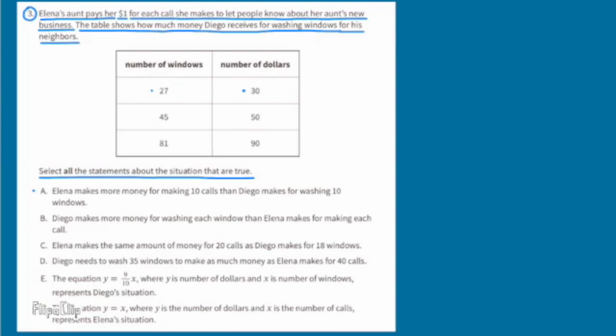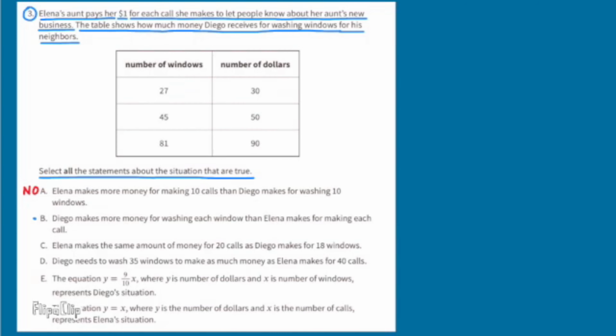So let's look at the top row of this table. 27 windows earns Diego $30. So he's making more than $1 per window, which means that he's making more money per window than Elena makes per call. So statement A is not true, so I am not going to select statement A.